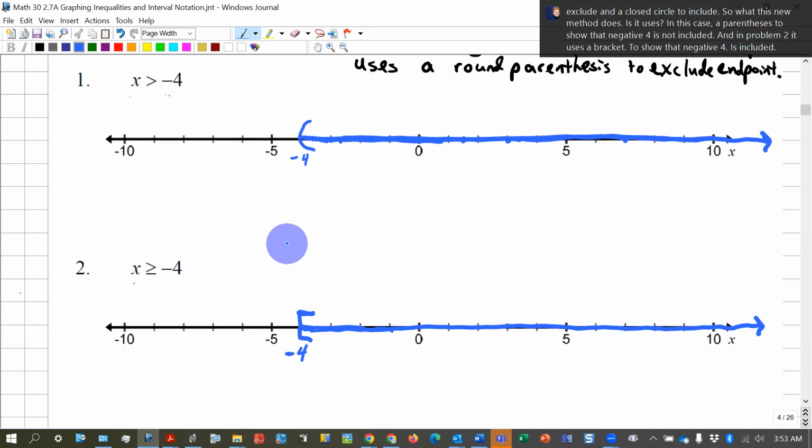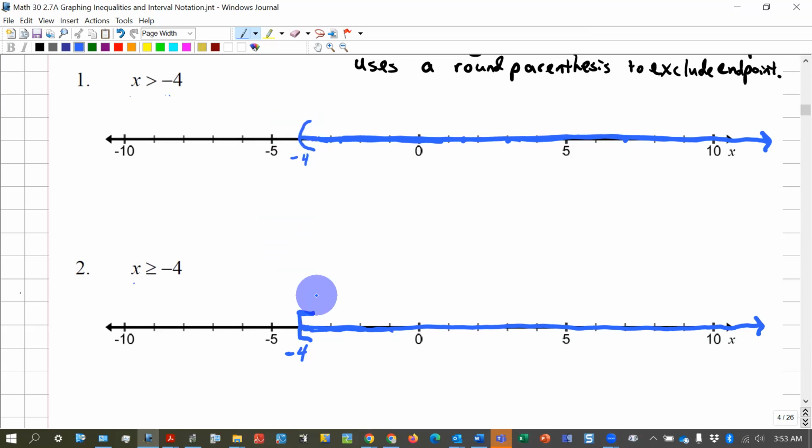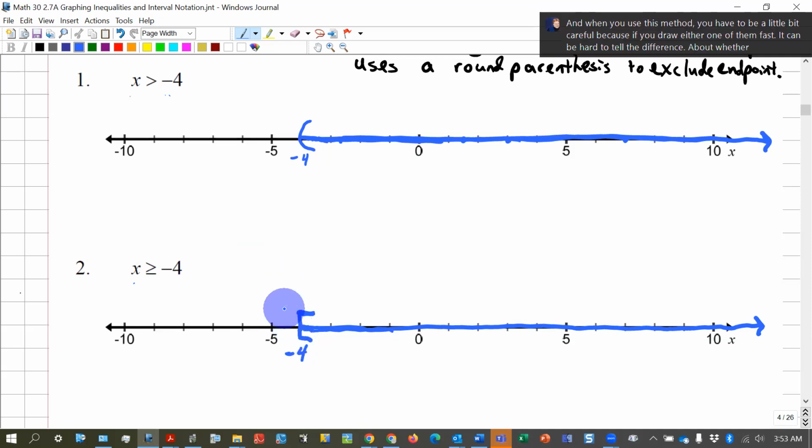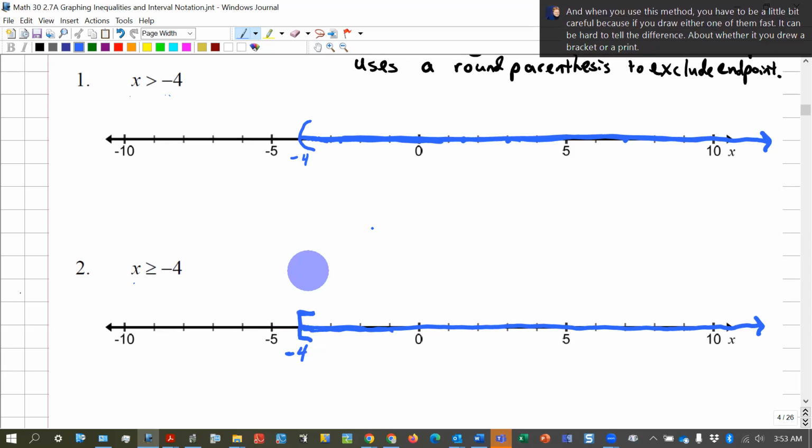And when you use this method, you have to be a little bit careful, because if you draw either one of them fast, it can be hard to tell the difference about whether you drew a bracket or a parentheses.